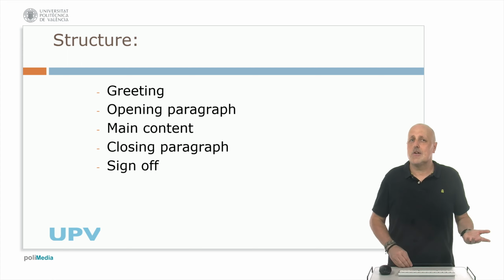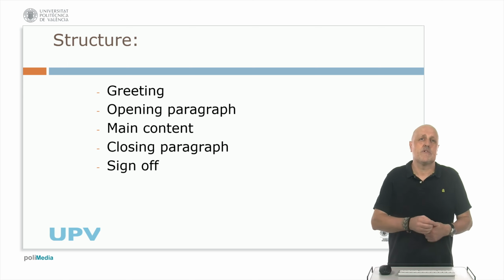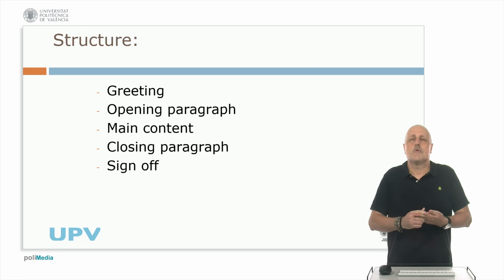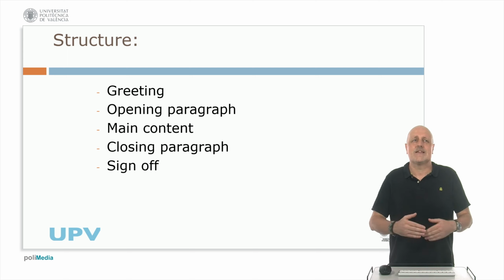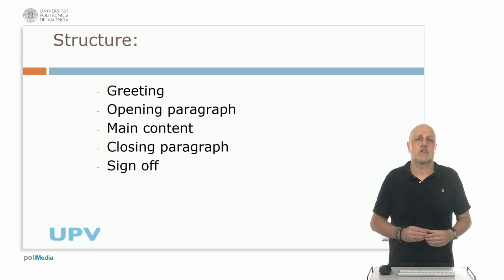The main content, of course, depends on the letter you have to write. But here, if you remember, you'd be talking about why you're the perfect candidate for the job: that you're the right age, that you have an ability to make a sale, that you're a persuasive person, you're friendly, and your interpersonal skills make you perfect for the job. So you have to write about that in the main content.